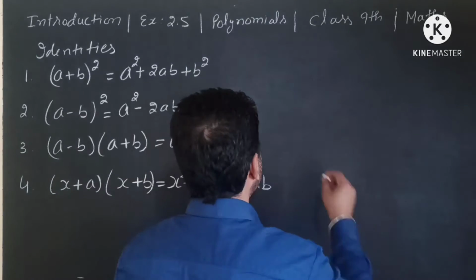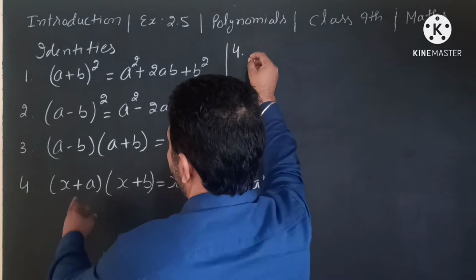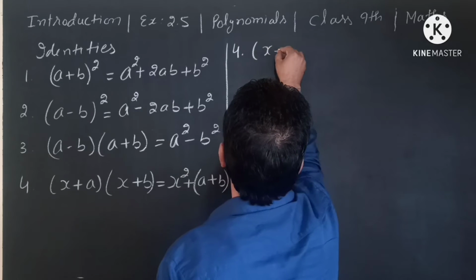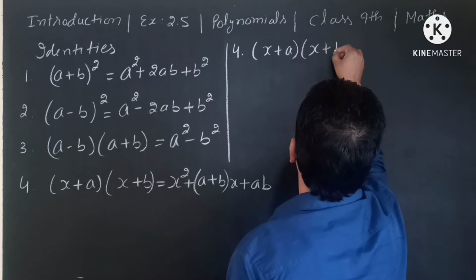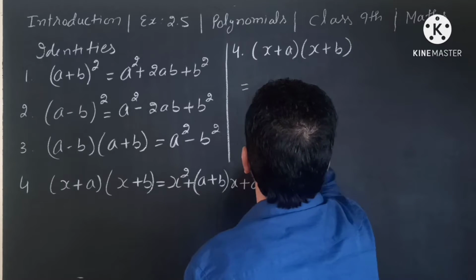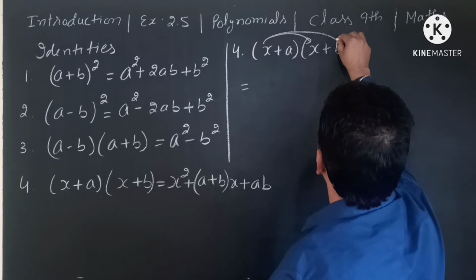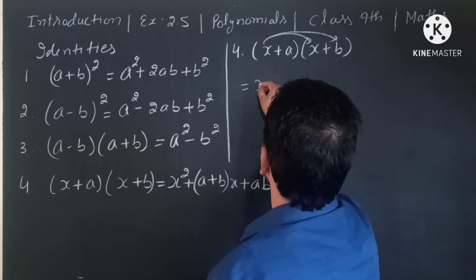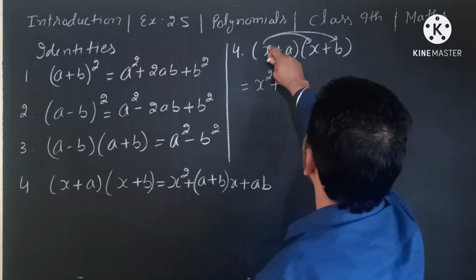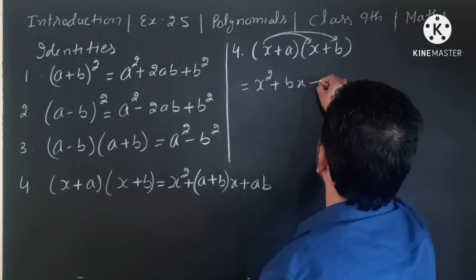Fourth identity is (x + a) multiplied by (x + b). First, we will multiply the first term by all the terms of the second bracket. x multiply x is x², x multiply b is xb or bx.